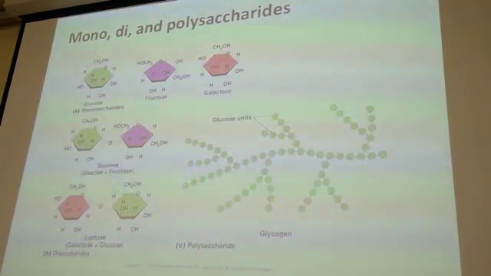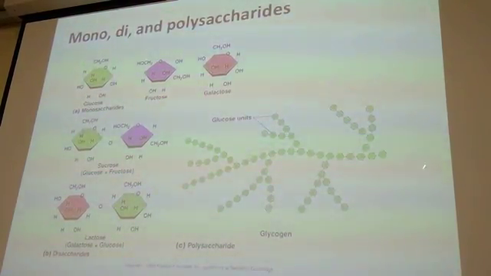So in lectures 3 and 4, we moved on to talk about the digestion, breakdown, and absorption of sugars. These came in a variety of different flavors. We had glucose, fructose, and galactose, and some of these could be joined together to form things like sucrose, which was joining of glucose and fructose, or lactose, which is galactose and glucose together, right?